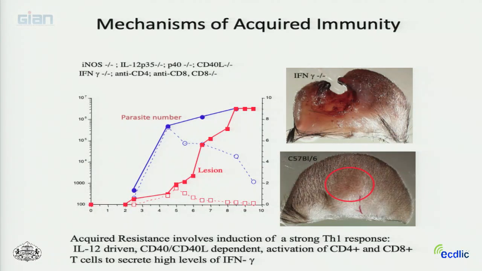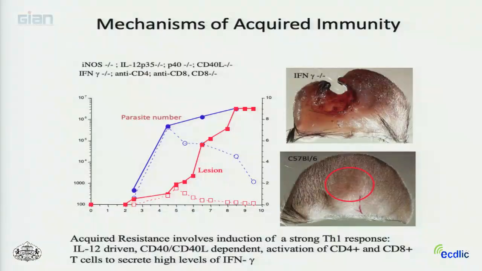The black 6 mouse is a fantastic laboratory mouse because there are so many knockout lines, immune deficient lines, that have been knocked out for various immune related molecules involved in Th1 immunity. And so over the years, this mouse has very clearly demonstrated the mechanisms underlying acquired immunity during these infections.